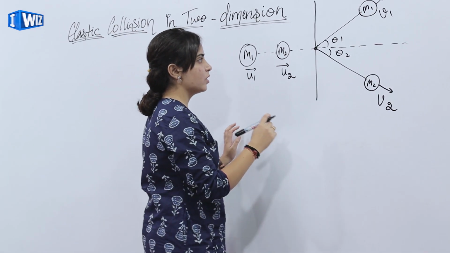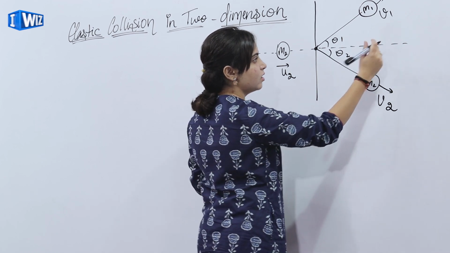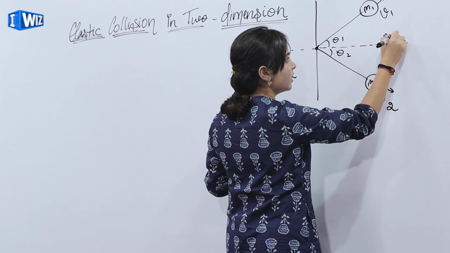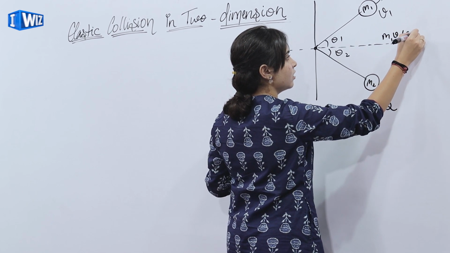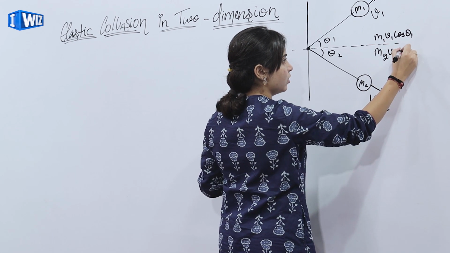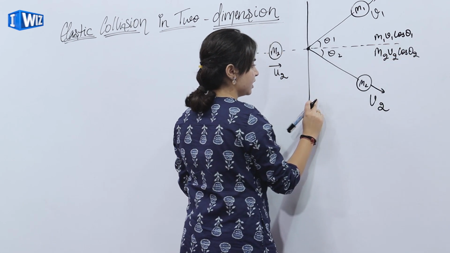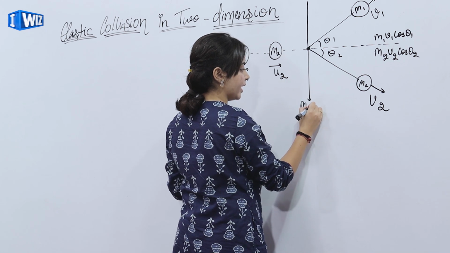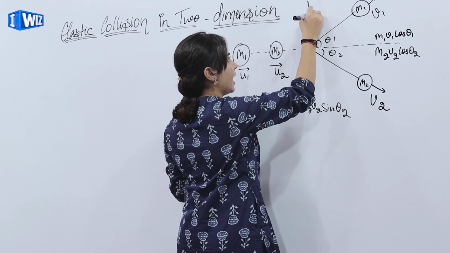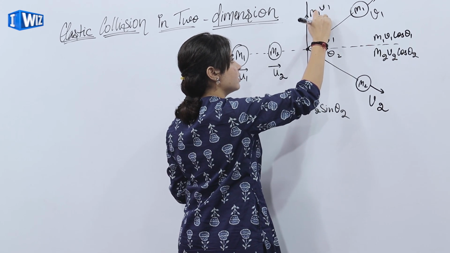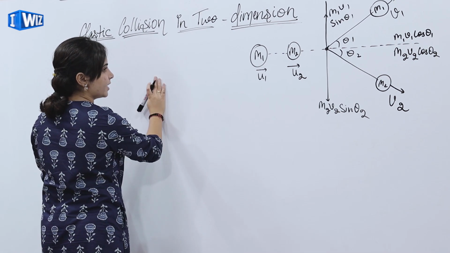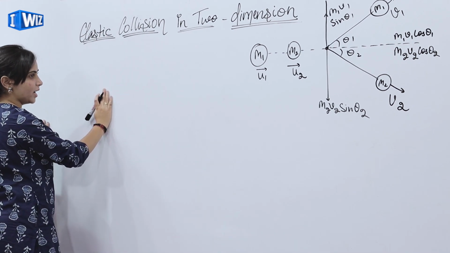So now we have to make components of m1 and m2. So here I'll get m1 v1 cos θ1, m2 v2 cos θ2. Similarly, m2 v2 sin θ2 and m1 v1 sin θ1. So we get the components along the x-axis and y-axis.